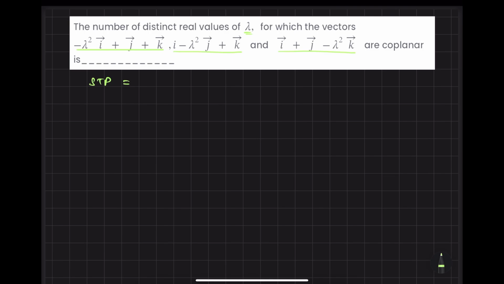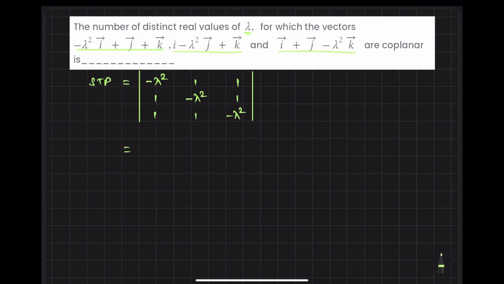Now write down the first vector components. So minus lambda square, 1, 1, then 1, minus lambda square, 1, then 1, 1, minus lambda square, and we need to find out the determinant of this thing.